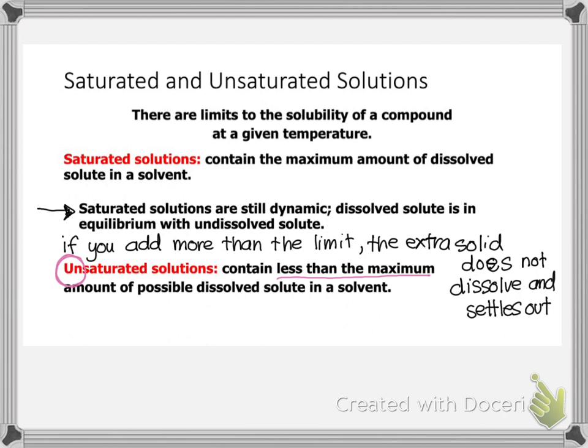You just won't dissolve. So on this slide, you need to know, and we're going to have a practice problem in just a little bit, what saturated and unsaturated means, what observations you would expect, and how you can predict if something's saturated or unsaturated, which I do have two practice questions for us.